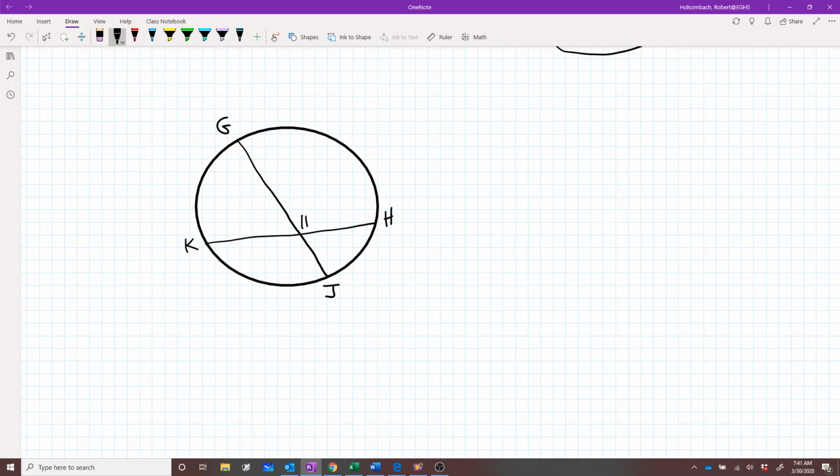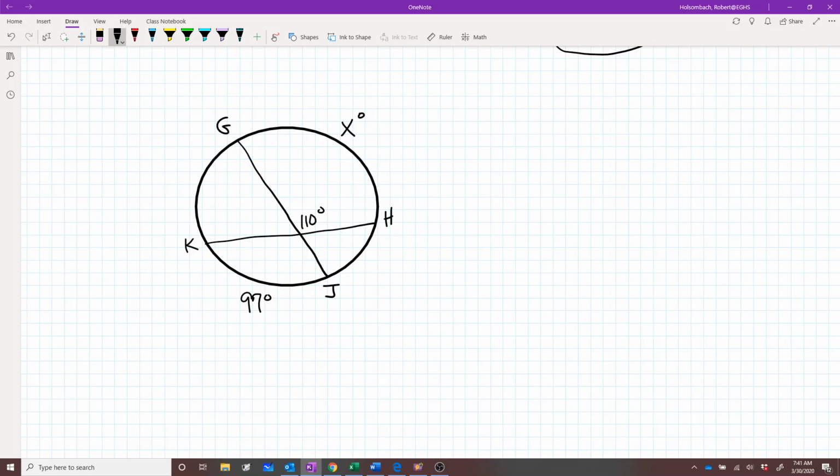We're given this angle of 110 degrees. This arc KJ is 97 degrees, and we need this arc. We're going to use the same rule, okay?